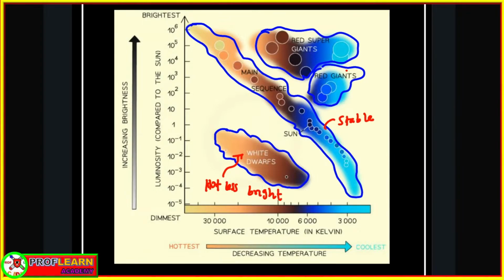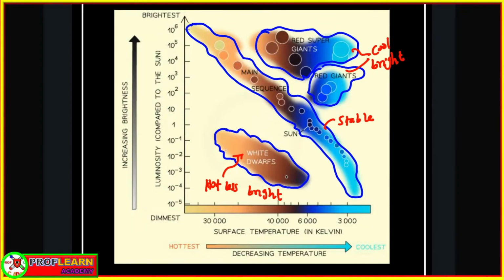Then we need to look at the red giants. The red giants are cool and bright. At the same time, red supergiants are cool stars but bright. Remember, they are big in size, so they lose a lot of heat and are cool, but due to their big size they look bright.